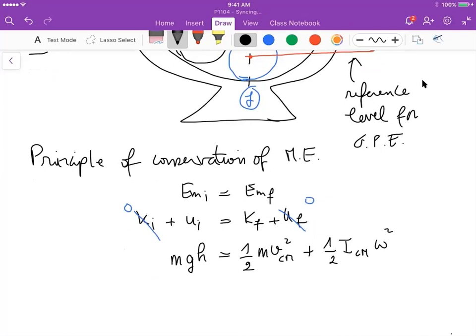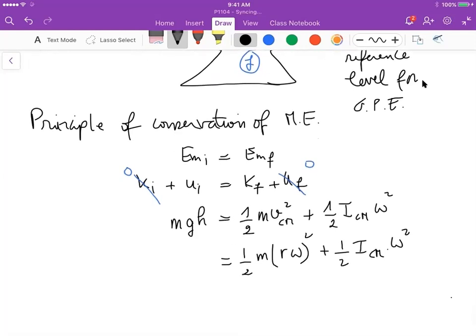Since we have rolling without slipping, v center of mass equals R omega, so this can be written as half times m times r omega squared plus half times I center of mass times omega squared.